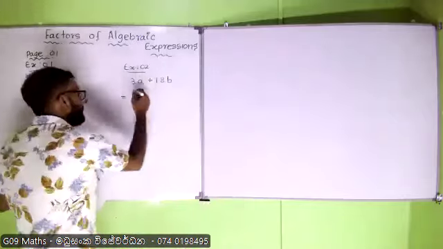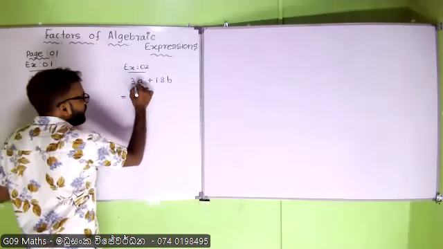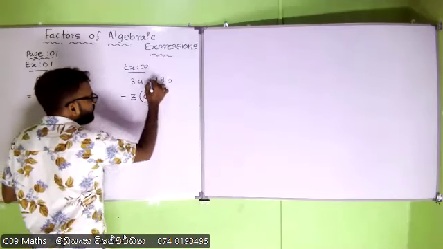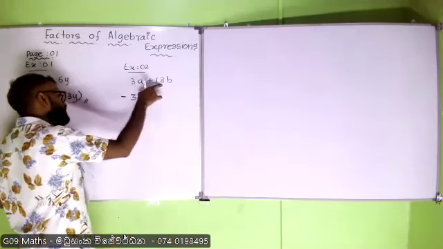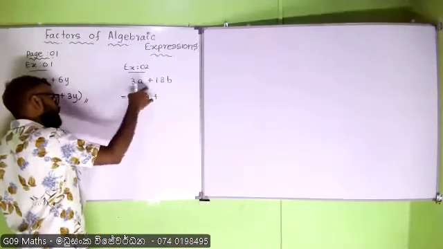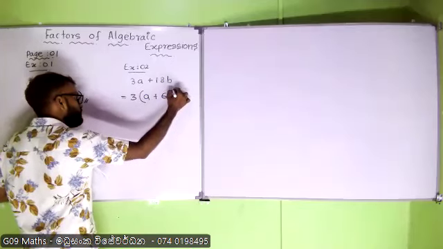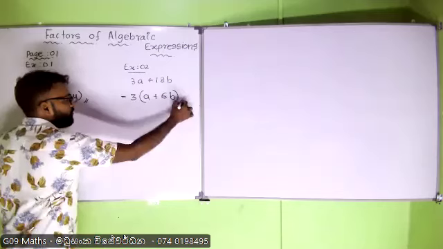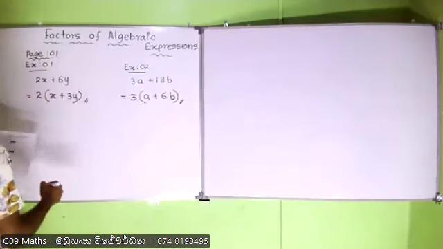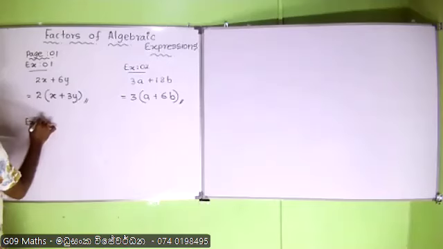So I am going to take 3 out. 3 divided by 3 is 1, so 1a. Here you have plus. If I take 3 out from 18, that means 18 divided by 3, which is 6, so 6b. That is the answer for example number 2. Alright. Example number 3. It is somewhat different.